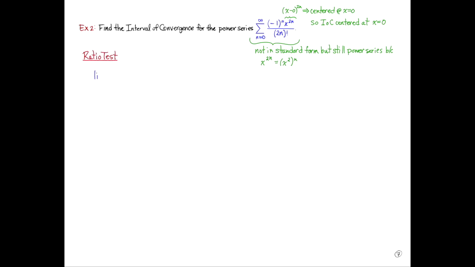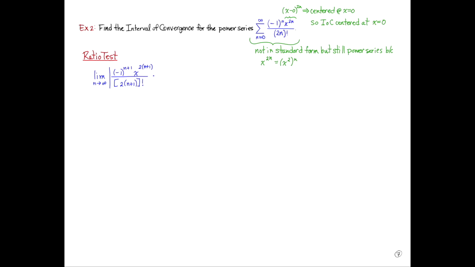The limit as n approaches infinity of the absolute value of, in the first term, everywhere we see an n, we want to replace it with n plus 1, giving us our a sub n plus 1. So we have (-1)^(n+1) times x^(2(n+1)) over (2(n+1)) factorial.